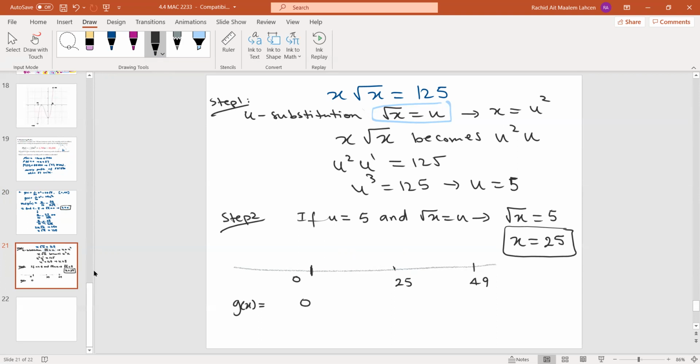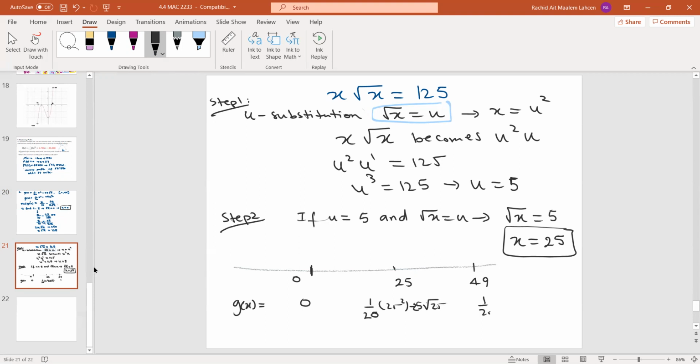Then this is going to be 1 over 20, 25 squared minus 25 square root of 25.